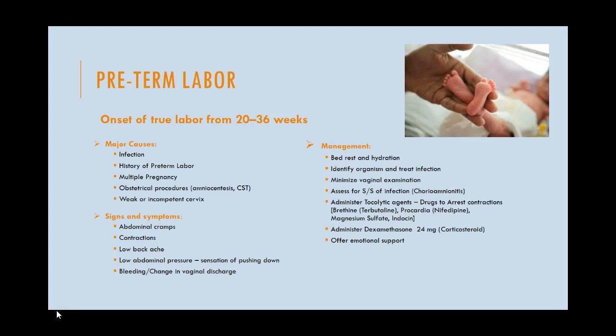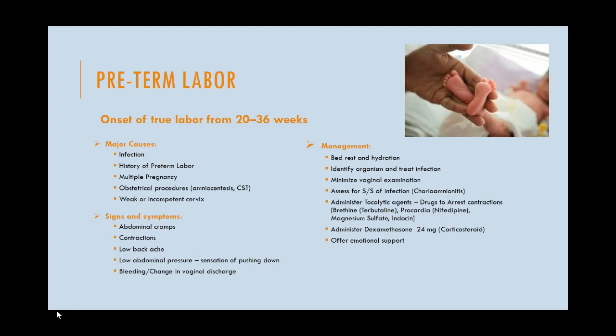The babies tend to become tachycardic when you have a mom with chorio. And if mom has an infection, such as chlamydia, gonorrhea, those types of things, it can turn into chorio.